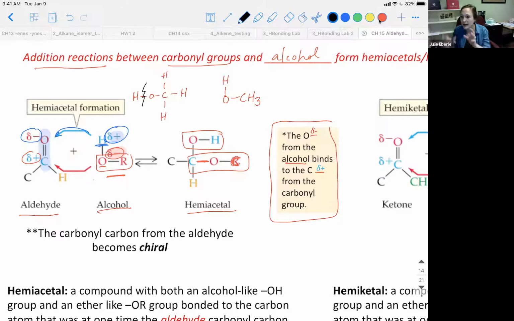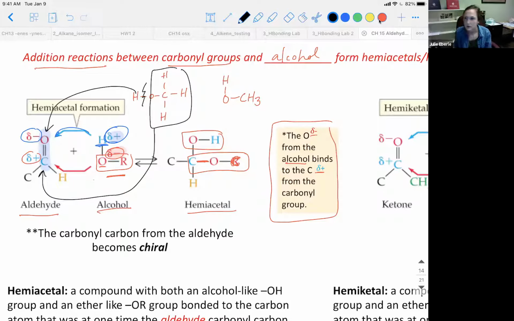You always break the alcohol apart, you break the oxygen-hydrogen bond apart. Then this whole part of the alcohol is going to be bonded to the carbon, and this little hydrogen is what bonds to the carbonyl oxygen. So you break the alcohol apart, put the hydrogen on the oxygen, and bond the rest of the alcohol molecule to the carbonyl carbon. From that we get what is called a hemiacetal group.